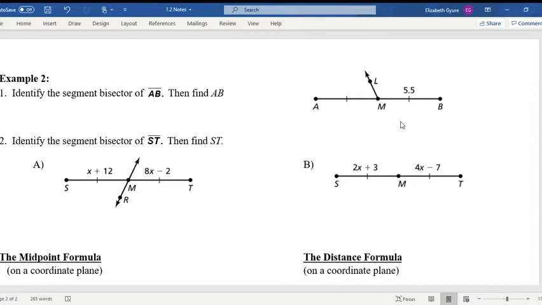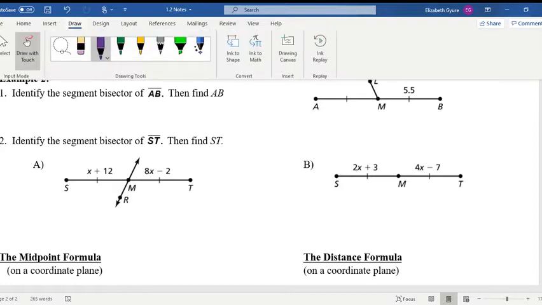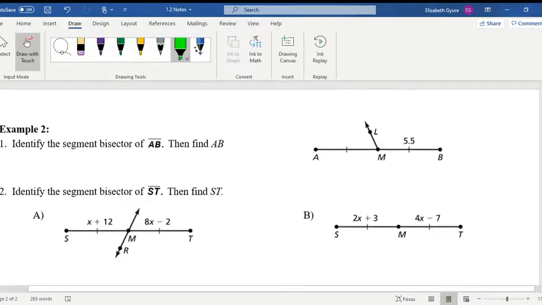Example 2 says identify the segment bisector of AB, then find the measure of AB. So first, when it says identify, that means name, right? Tell me what the segment bisector is. Well, if you look at your diagram, you have segment AB, and please notice the little tick marks. The little tick marks say, hey, the left and right are congruent. And if the left and right are congruent, that means M is the middle.